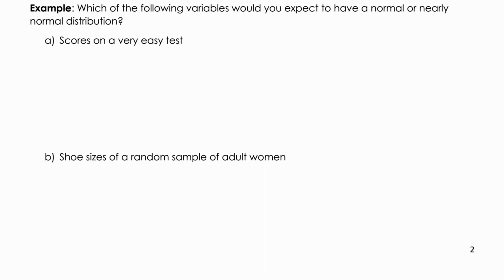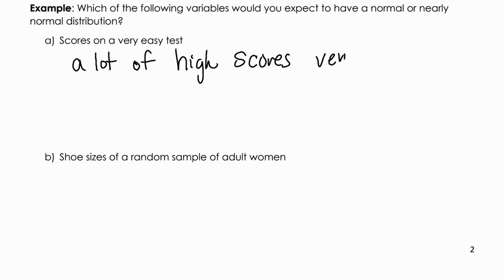Part A says scores on a very easy test. Well, if I had scores on a very easy test, most likely we would have a lot of high scores and very few, if any, low scores.